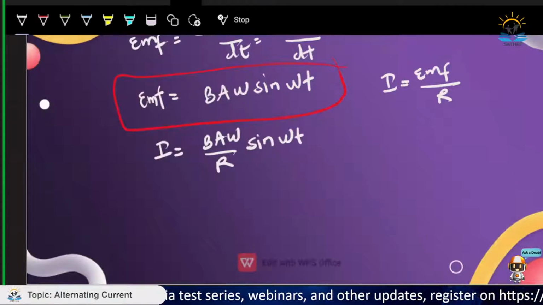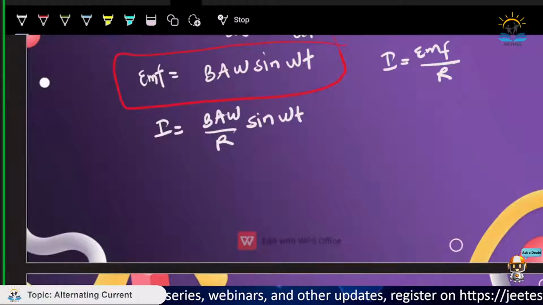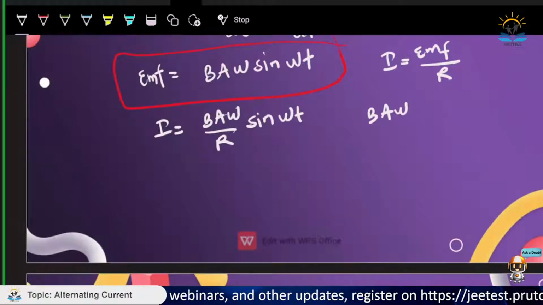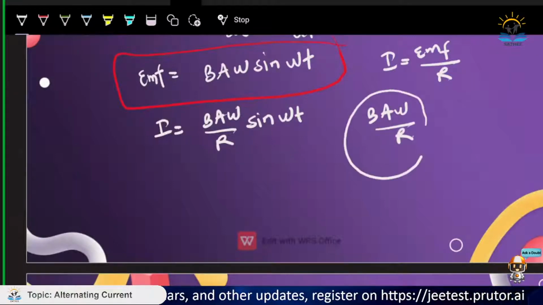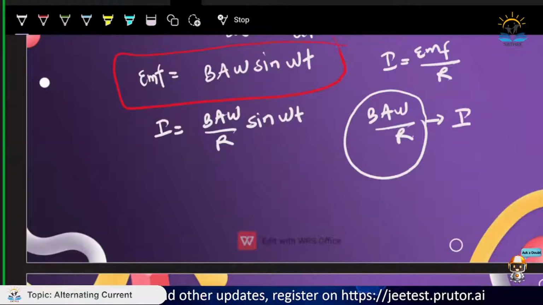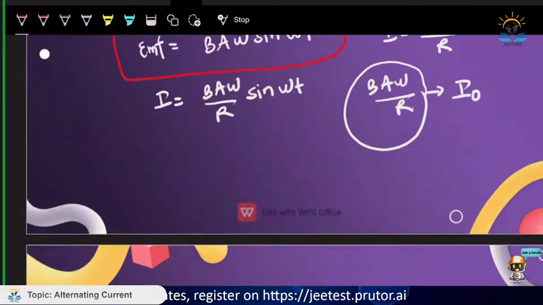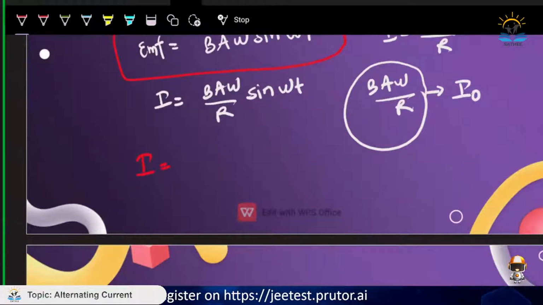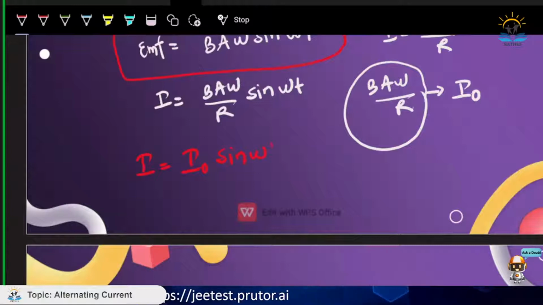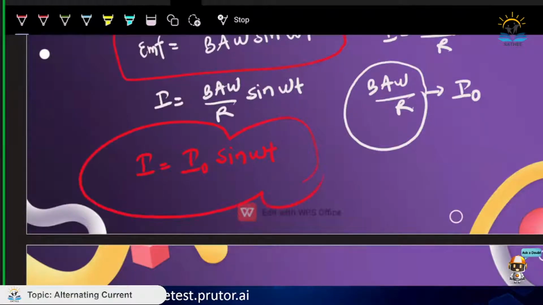This B A omega by R we can write as peak current I naught. So the instantaneous current I equals I naught sin omega t, where I naught is B A omega by R.